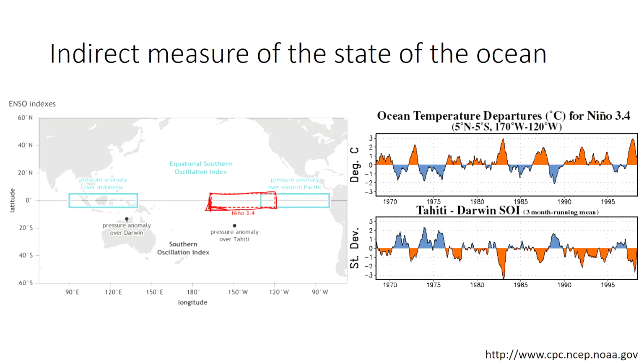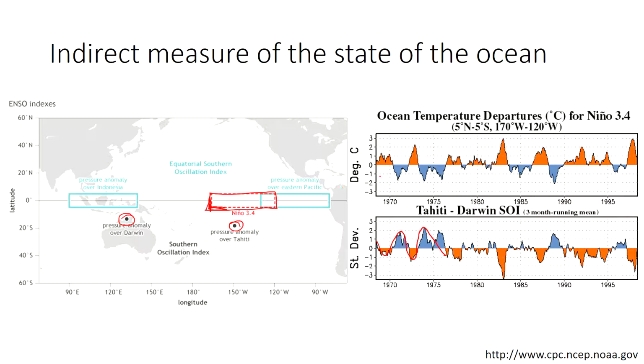But what we can do is measure the sea level pressure in Darwin and Tahiti, and there have been meteorological stations at these two locations for many years now. We can see that the sea level pressure here quite closely correlates with the ocean temperature in this box.